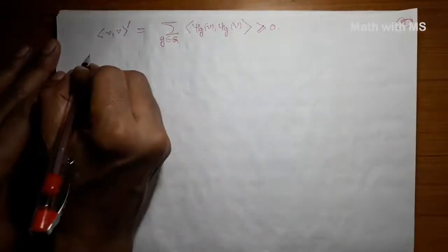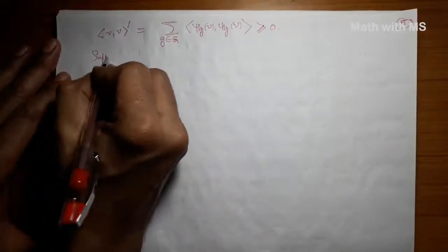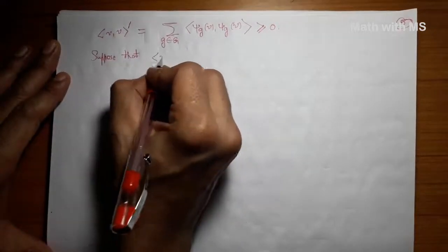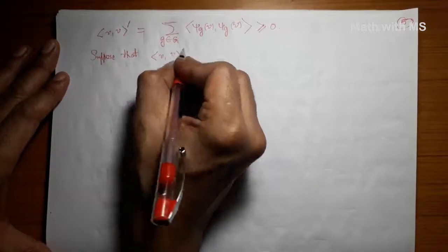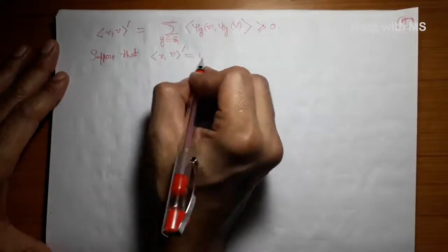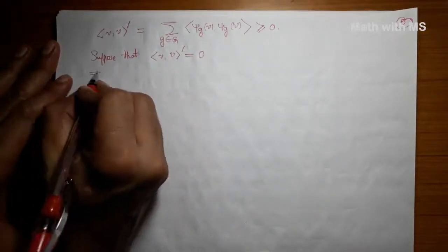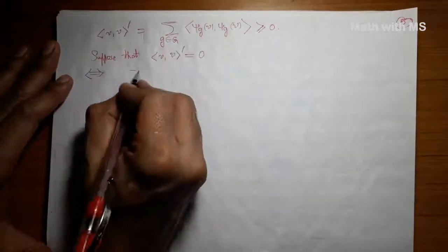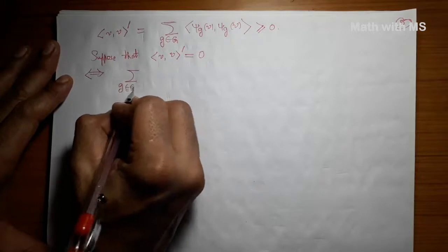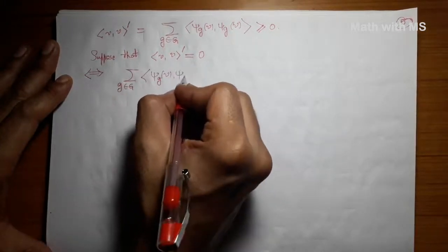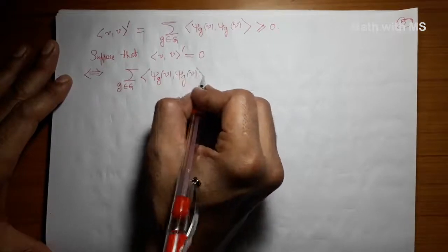Let's check the last condition. Suppose that the inner product (v, v) prime, this new inner product, is 0. What does that imply? It implies that the summation over g belonging to the group G of ⟨ψ_g(v), ψ_g(v)⟩ is 0.